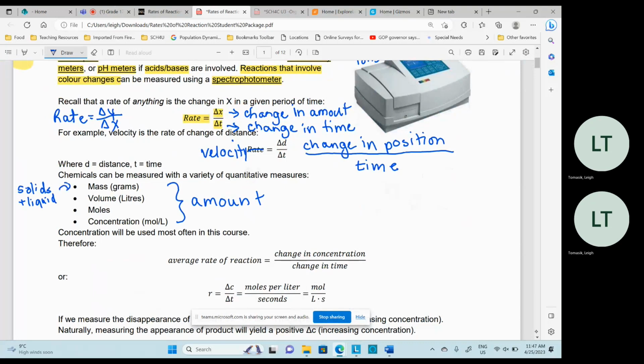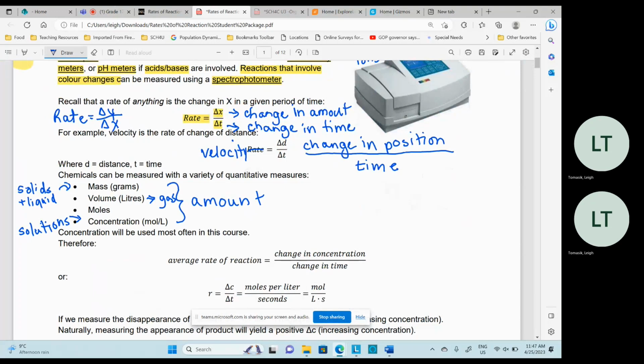Volume is best for a gas. Moles works for everything. That's why we use it so much in chemistry. And concentration works for solutions. So you can see we have all of our states covered.